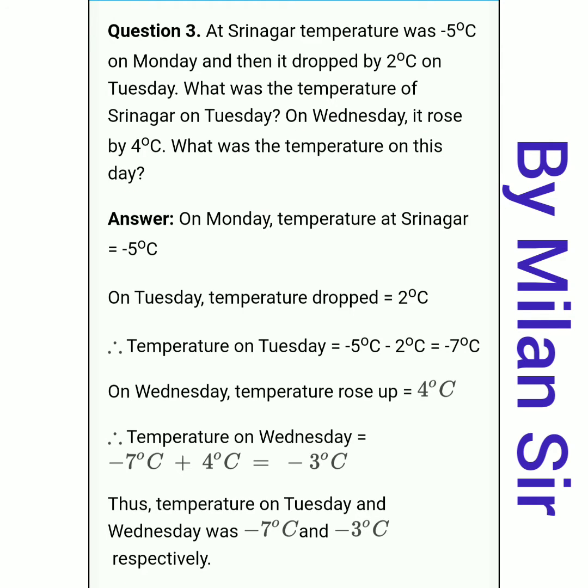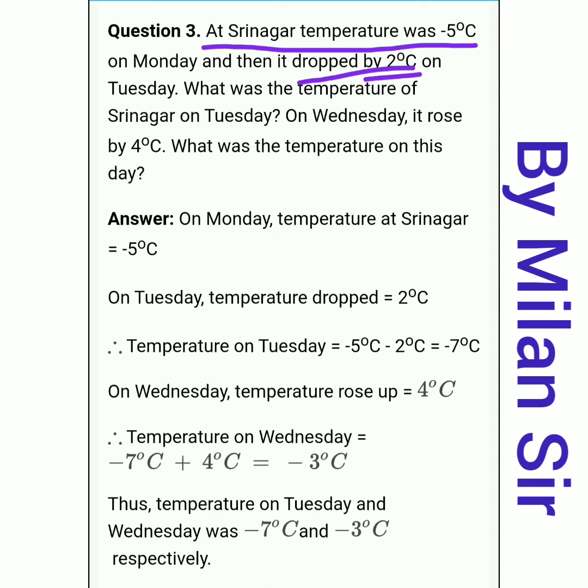Okay, first of all, at Srinagar temperature was minus 5 degrees Celsius on Monday and then it dropped by 2 degrees Celsius. Now drop, that means decrease by 2 degrees Celsius, right? So what was the temperature at Srinagar on Tuesday?